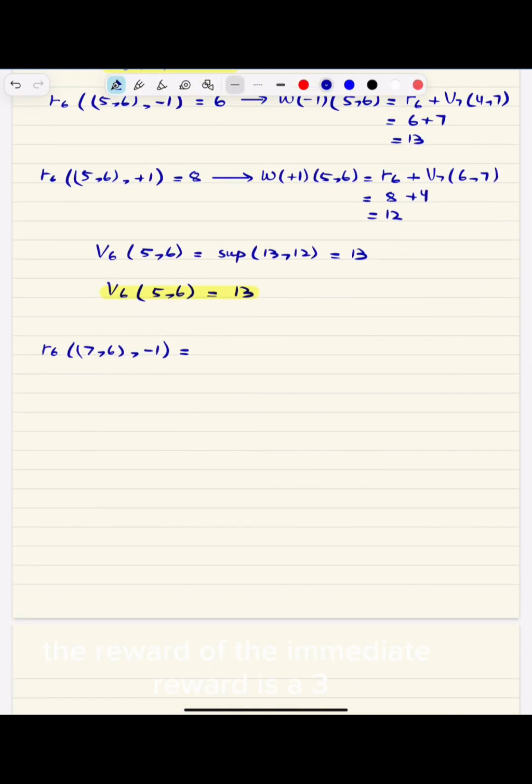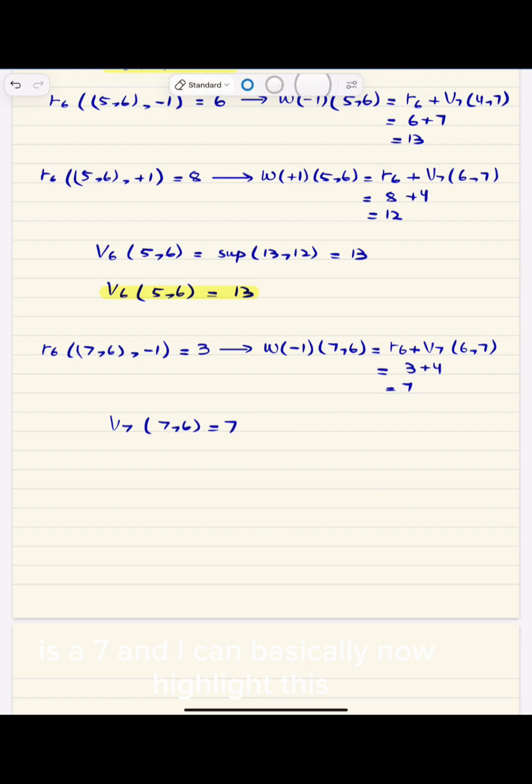The immediate reward is a 3, and the reward from taking a left from the node 7 6 is the immediate reward plus the maximum reward from all the future time periods. So we have a 3 plus a 4, which is the settlement. Since this was the only option, the maximum revenue from the node 7 6 is a 7, and I can now highlight this.